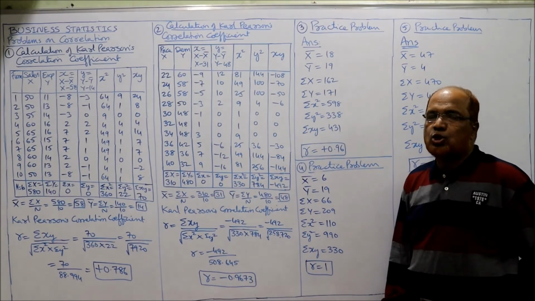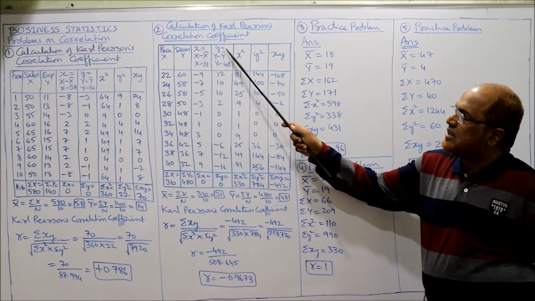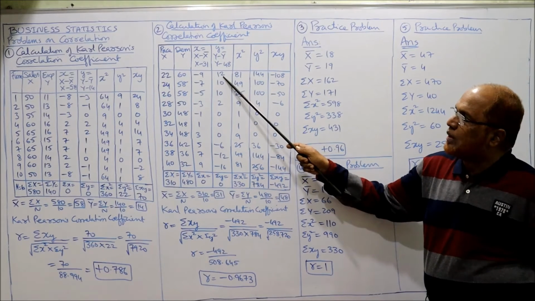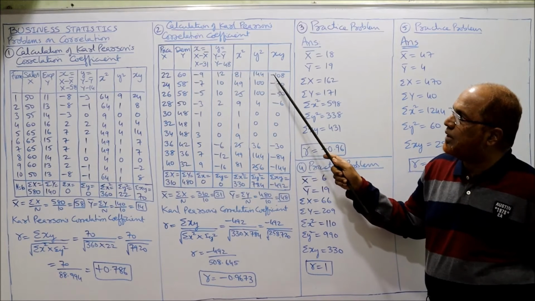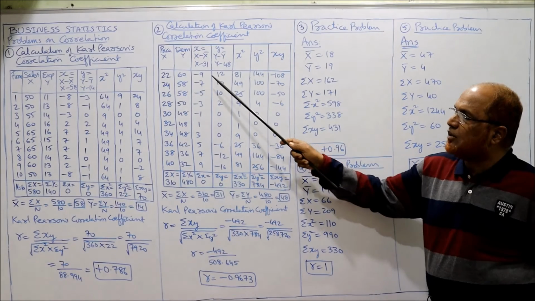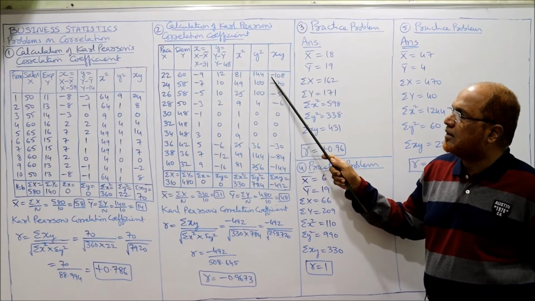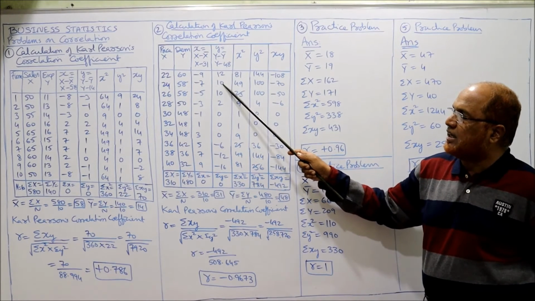Now you have to multiply x into y. X into small y. 9 into 12, 108. But minus into plus, it will become minus. Sign को multiply करेंगे, minus into plus, minus. Similarly, 7 into 10, 70.